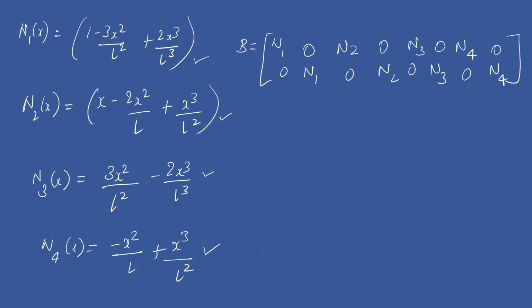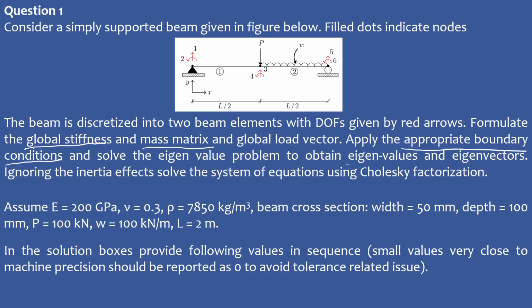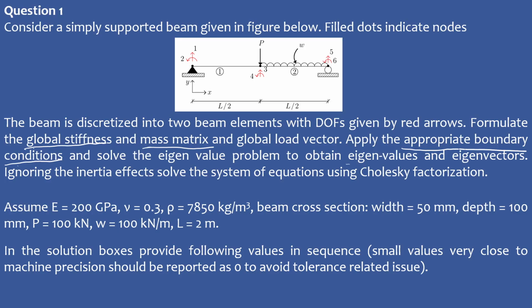Let's check what has been asked in the next part of the question. Yeah. So once you have the global and the mass matrix, you need to apply the appropriate boundary conditions and you need to solve the eigenvalue problem.